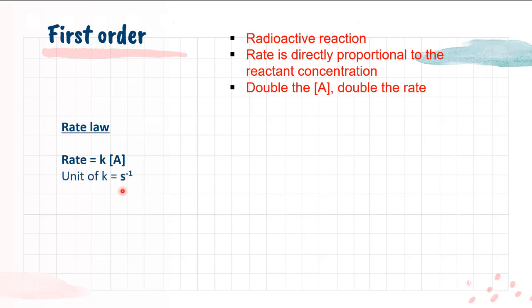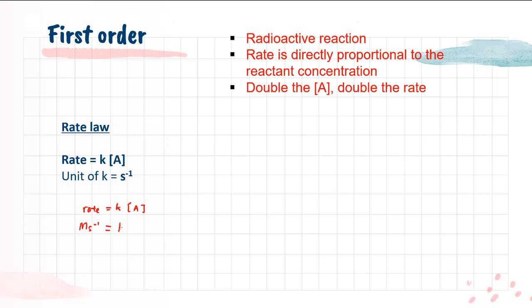The unit of k for first order is per second, per minute, per day, per year, etc. If you look at the rate law, rate equals k[A] raised to power 1. We know the rate has the unit of molar per second.